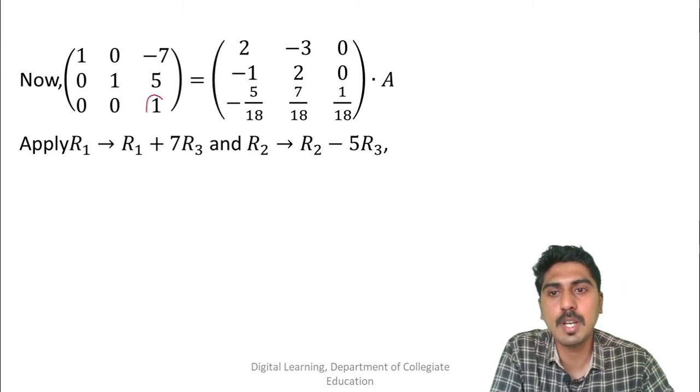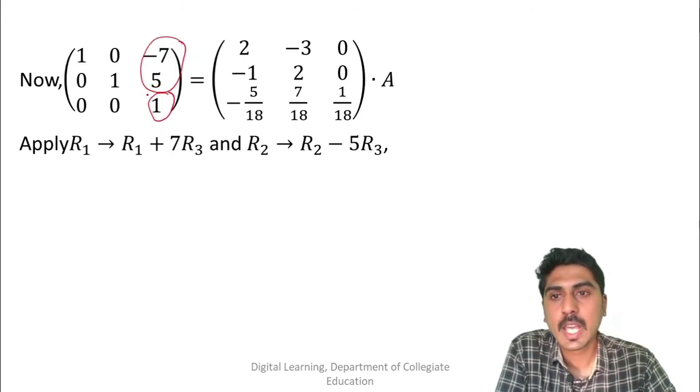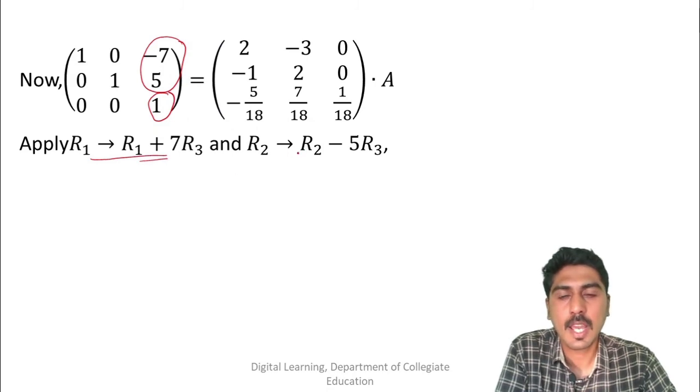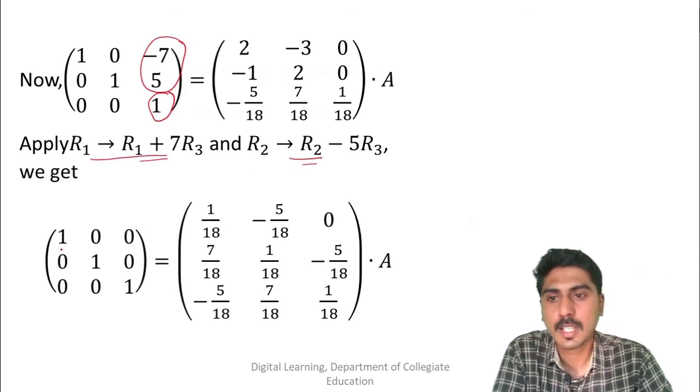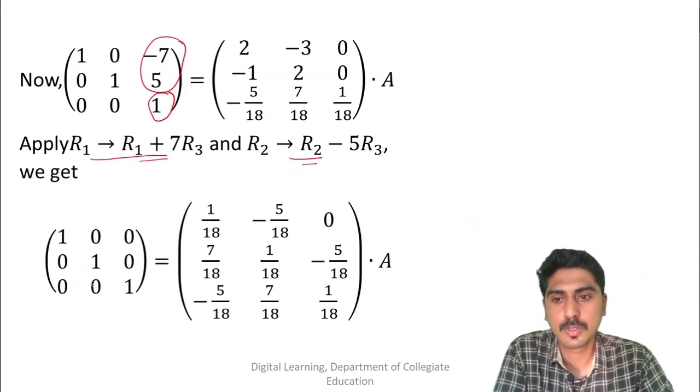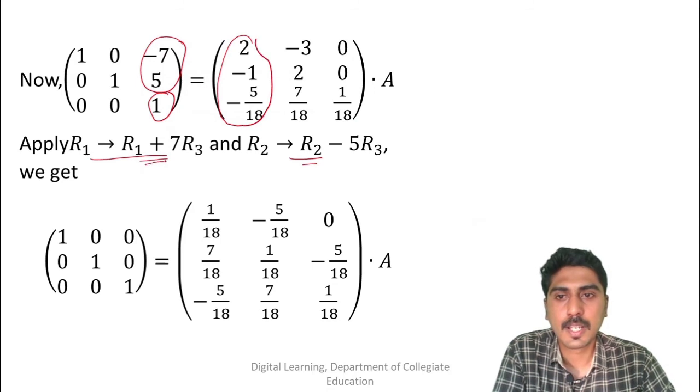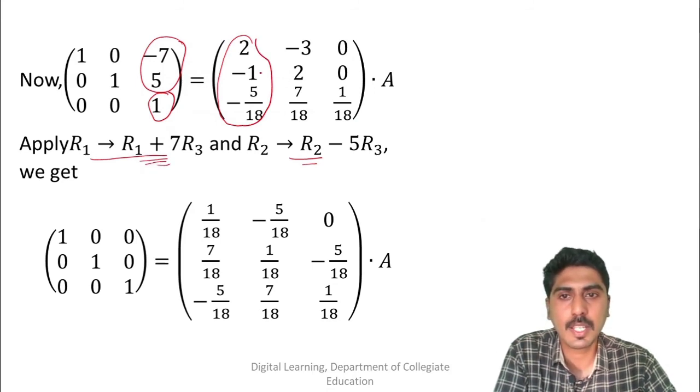Next, as we have 1 here, to make these two terms 0, we can apply the row operations. R1 changes to R1 plus 7R3 and R2 changes to R2 minus 5R3. So we get 1 0 0, 0 1 0, 0 0 1. And to explain with an element, if I change R1 by R1 plus 7R3, we get 2 plus 7 into minus 5 by 18.